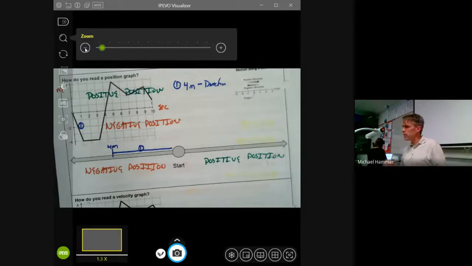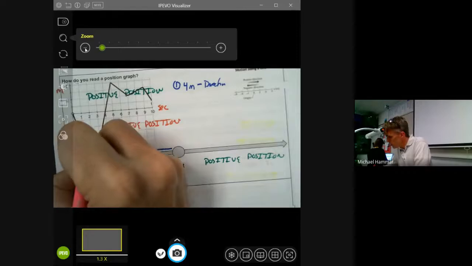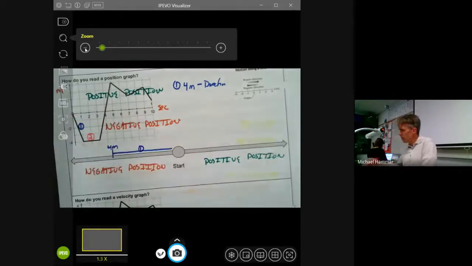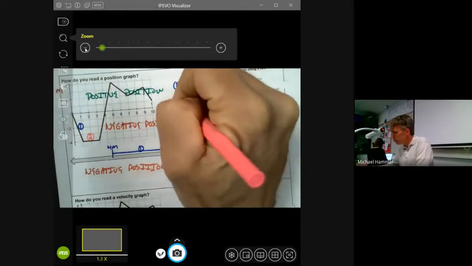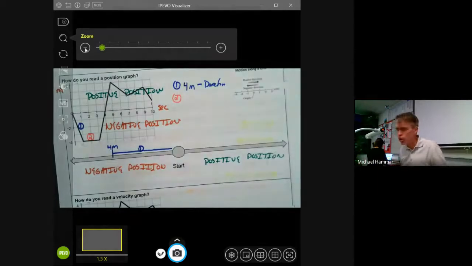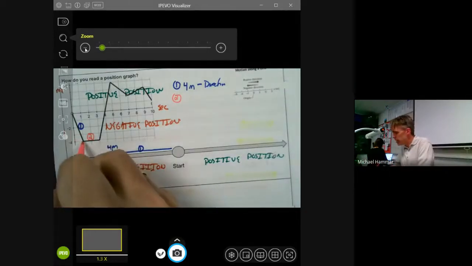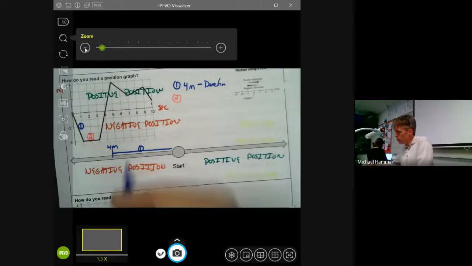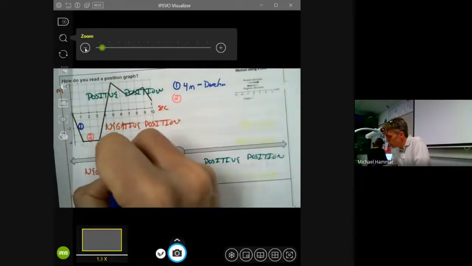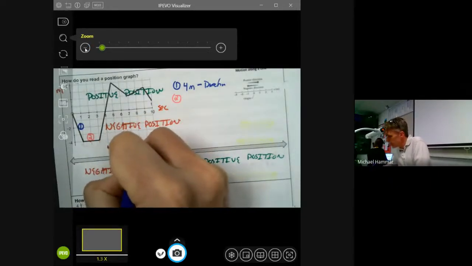Now, let's talk about step 2. So step 2, what's going on right here? Well, in step 2, notice that it isn't changing any position. It is staying at 4 meters for 1, 2, 3 seconds. So I should put here that it went 4 meters in 1 second.